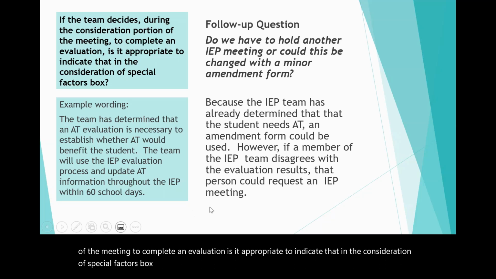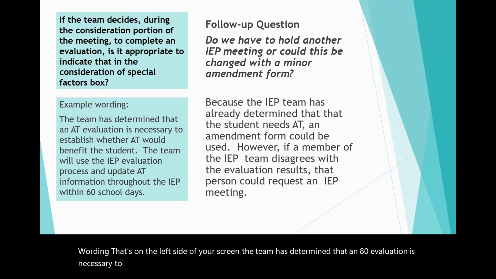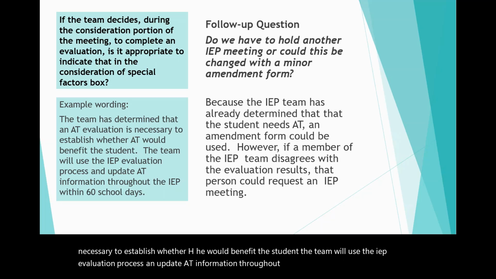And we last time gave this example wording that's on the left side of your screen. The team has determined that an AT evaluation is necessary to establish whether AT would benefit the student. The team will use the IEP evaluation process and update AT information throughout the IEP within 60 school days.